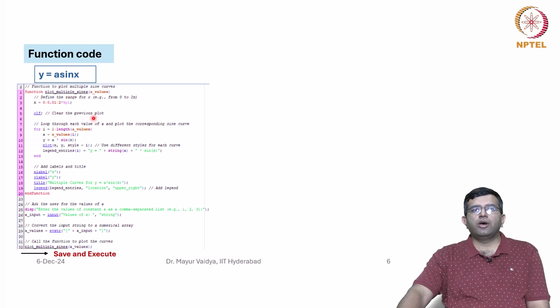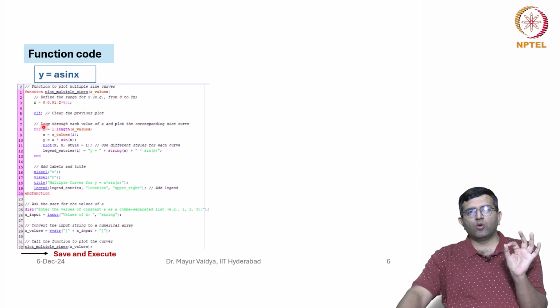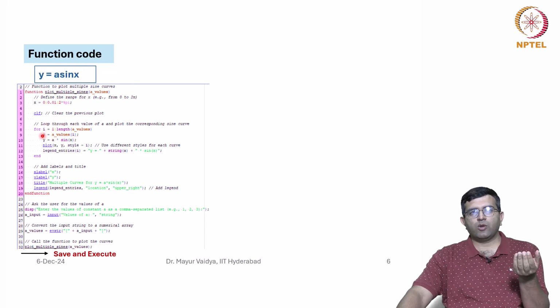Now, here perhaps if you are familiar with a little bit of coding, you understand this word called loop. Just to understand very simply, what a loop does is, whatever the a values are there, it will calculate for each value what is y through this formula a sin x.